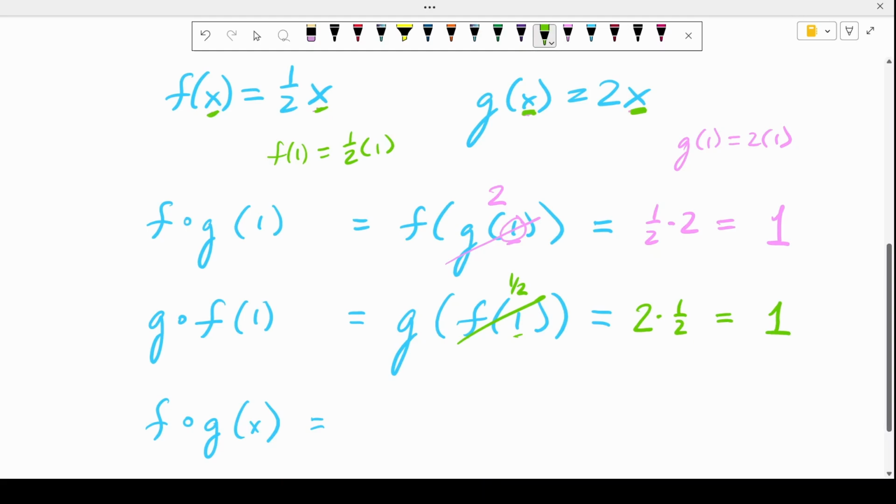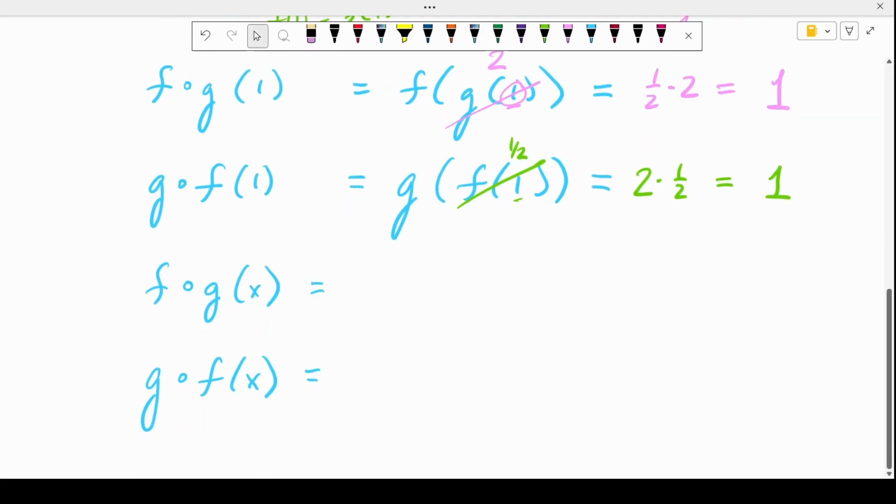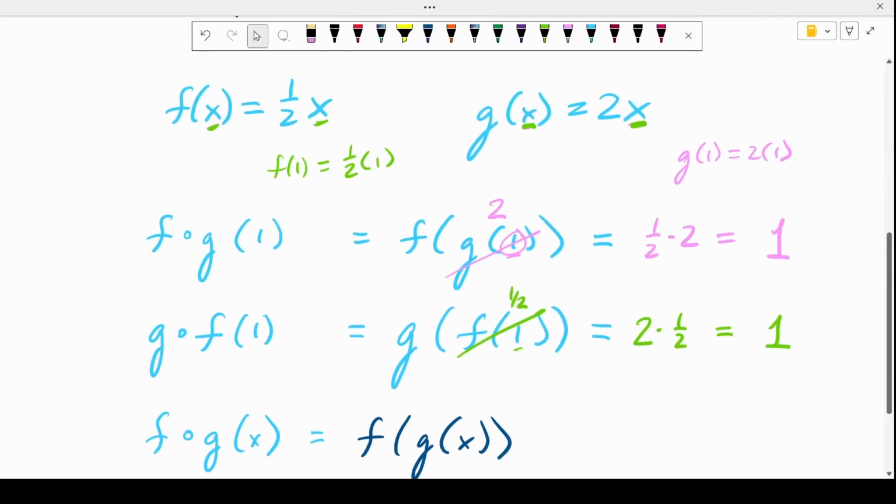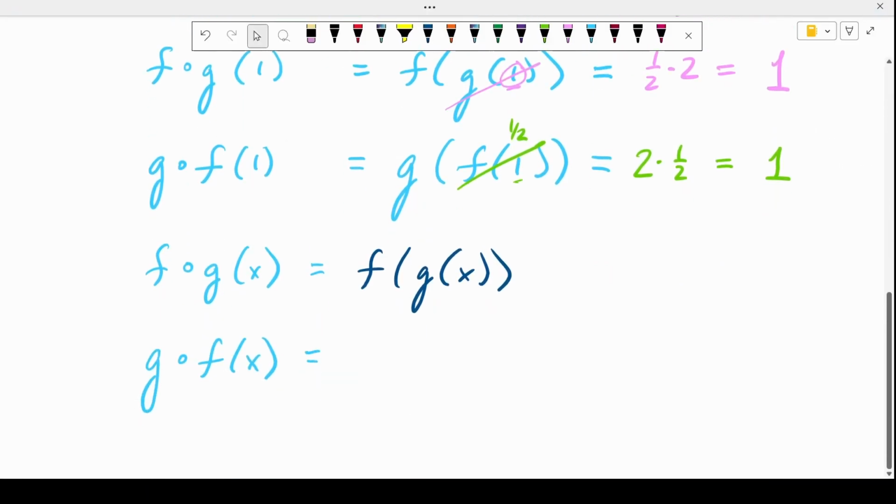Interesting. Well, now let's do f of g of x. See what that is. f of g of x, of course, I can also write it this way. g of x is 2x. So this is the same as f of 2x.